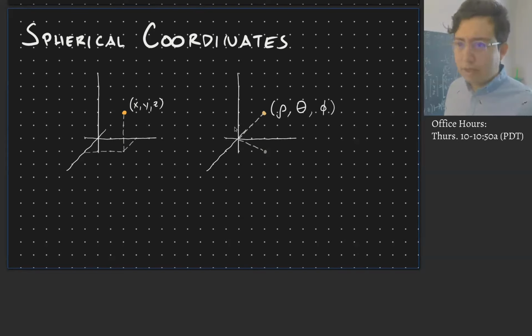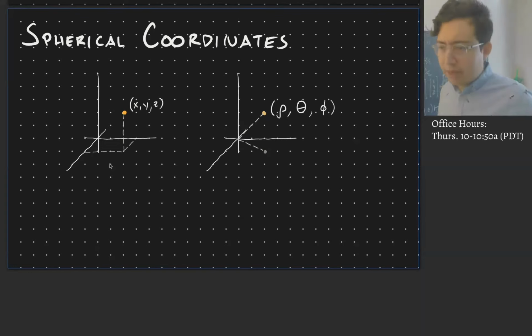Here on the left you still have your X, Y, and Z, but over here you no longer have your r and z.